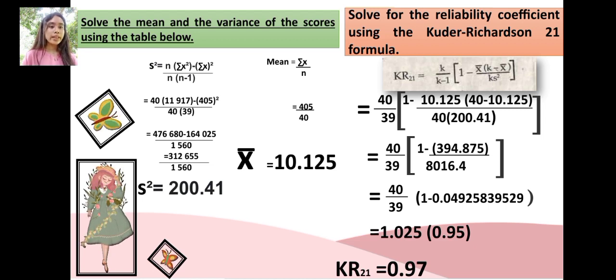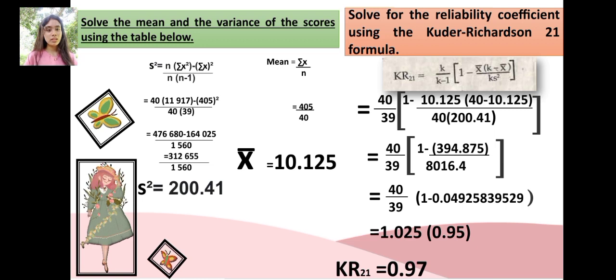And now we are going to divide the 40 over 39, so we have 1.025. And then we have to subtract: 1 minus 0.04925839529 gives 0.95. Are you following? And now we are able to multiply these two.